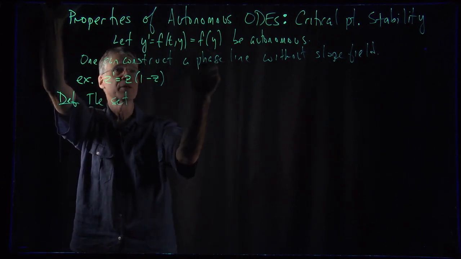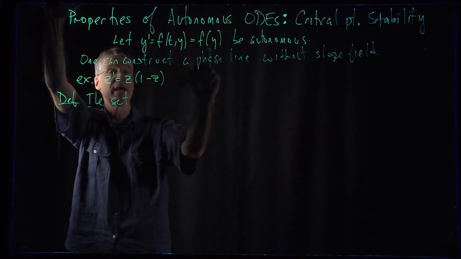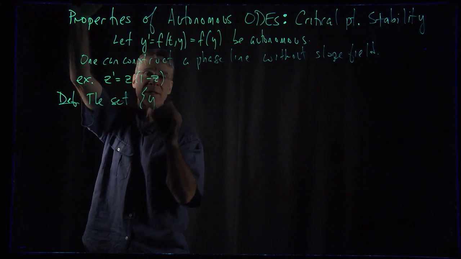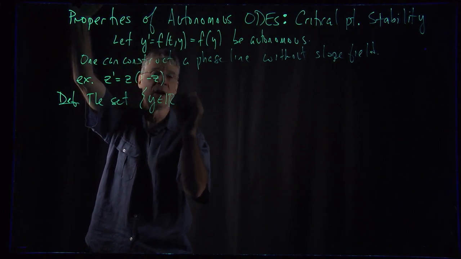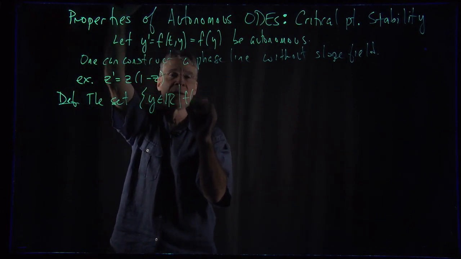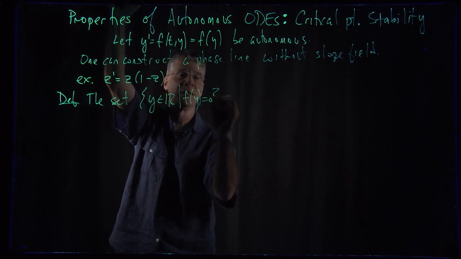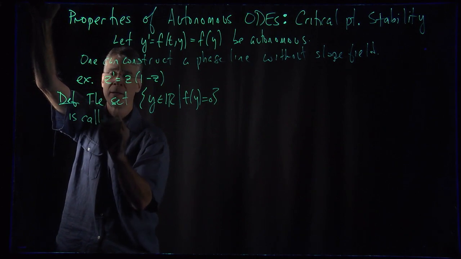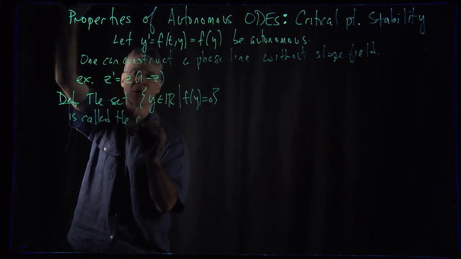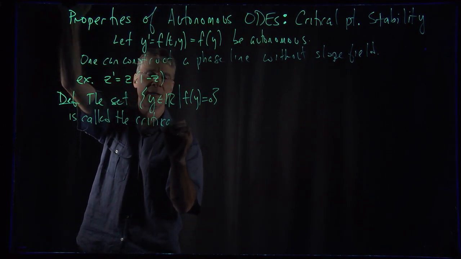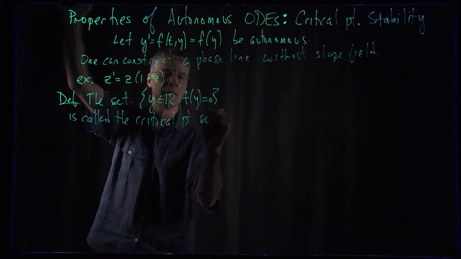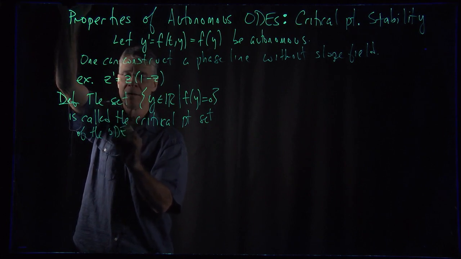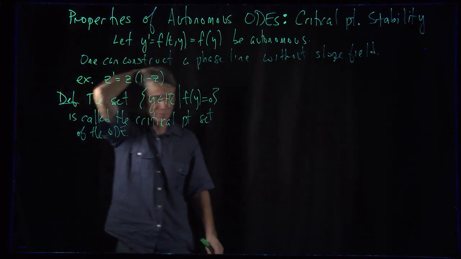If we have this differential equation, y prime equals f of y, then the set of all y's in R such that f of y equals 0 is called the critical point set of the ordinary differential equation.